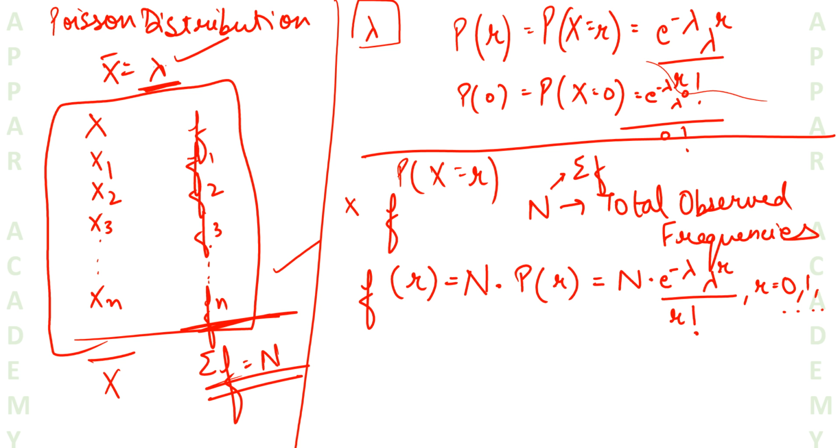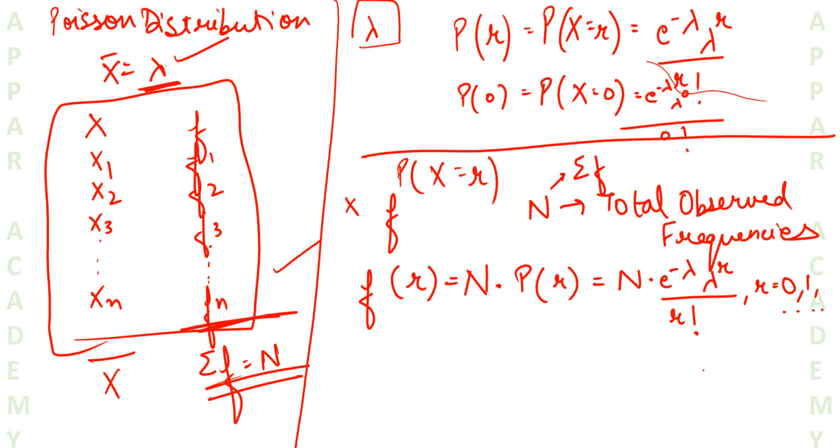Is this clear? When we have the probability and we have the total, we can easily find these frequencies. Let's suppose the probability is 10% or 0.1. Then we know that 10% of the data, or 0.1 into n, is our required frequency. So this is the formula that we've used here.